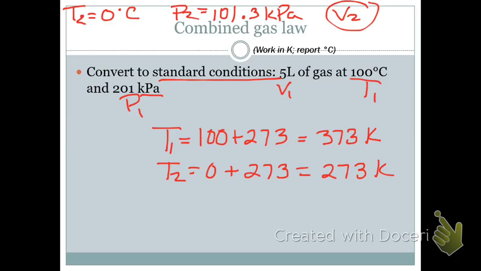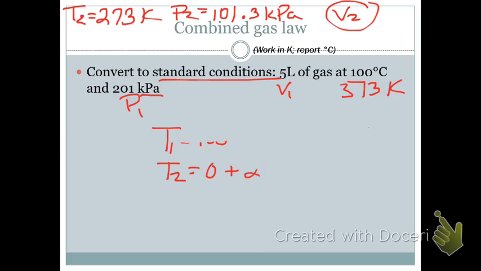So I now know that my temperature T1 needs to be 373 K, and I know that my temperature 2 is going to be 273 K. Okay, put those in place.